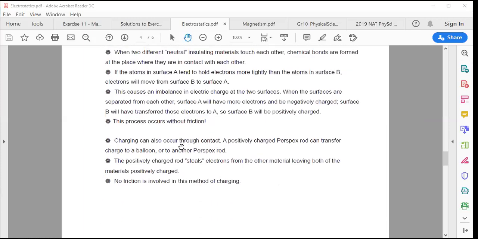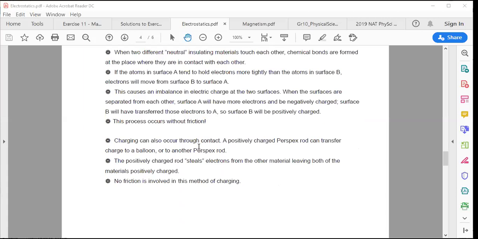Charging can also occur through contact. A positively charged perspex rod can transfer charge to a balloon or to another perspex rod. Right? For example, sometimes when you touch the door, you get a shock. It's because there's charge that is transferred either from the door to you or from you to the door.